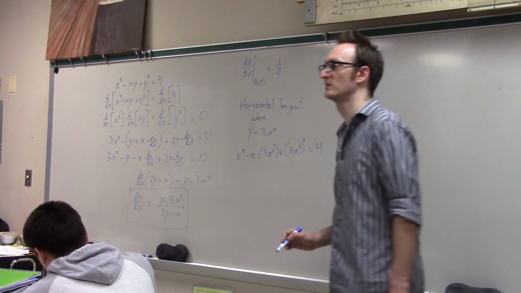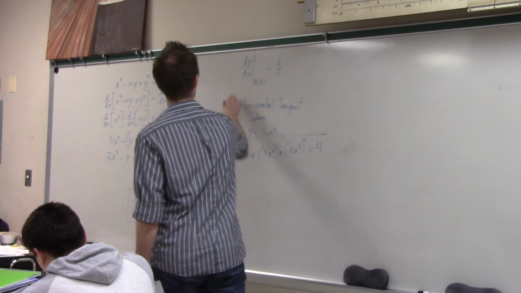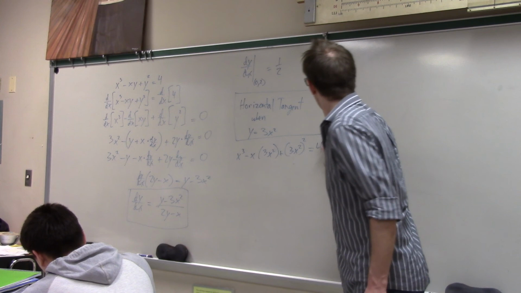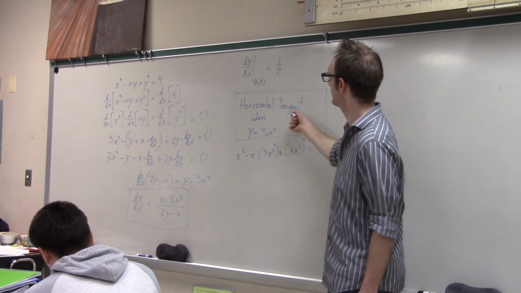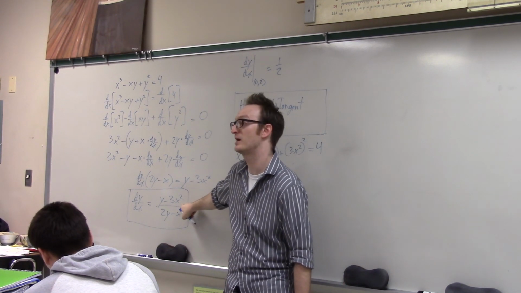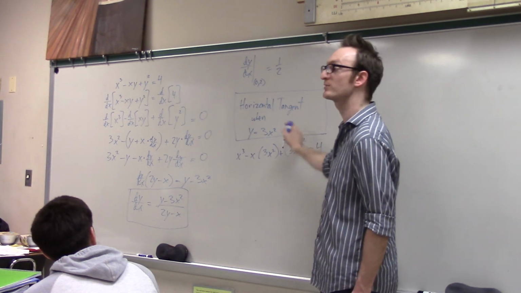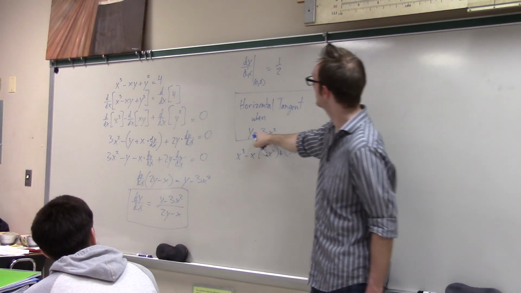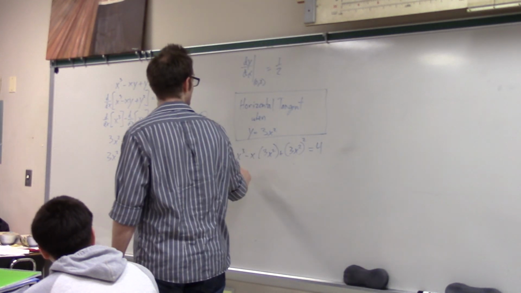Are you guys following this? Dan Jacobson answered the question of when there's going to be a horizontal tangent. The answer is there's going to be a horizontal tangent whenever this numerator is 0. That happens whenever y equals 3x squared. So to find the actual points, you just set y equal to 3x squared in the equation. I didn't actually work this problem out in advance.